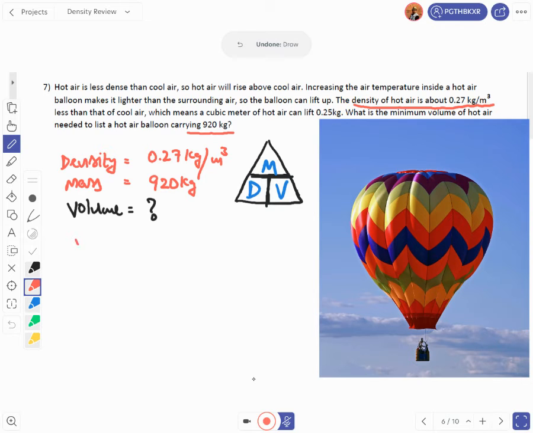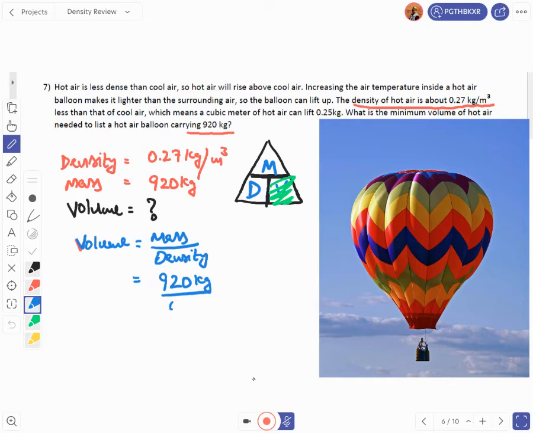Therefore, volume equals mass over density. You can see a fraction there, mass over density. Now just plug in these numbers. Mass is 920 kilograms over density 0.27.